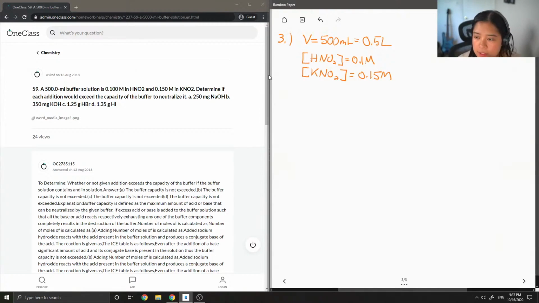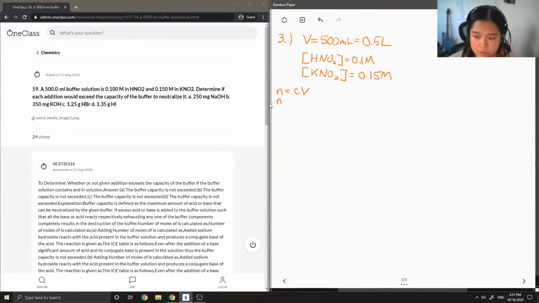And then from here, it's also good practice to just calculate the number of moles since you're given volume and concentration. So I'm just going to do that right now. So the number of moles is equal to concentration times volume.